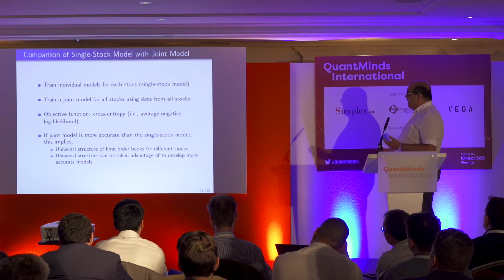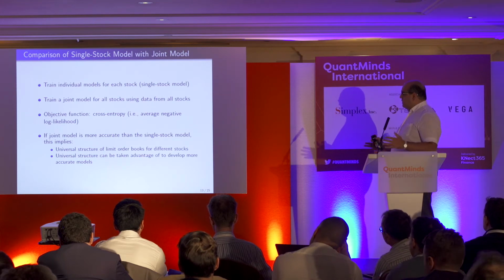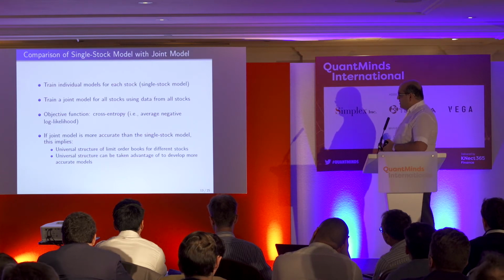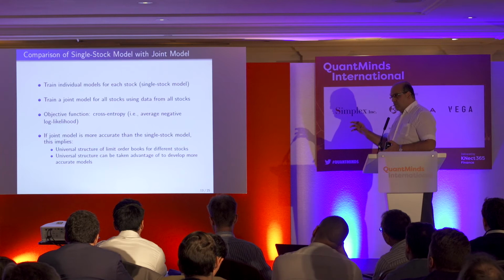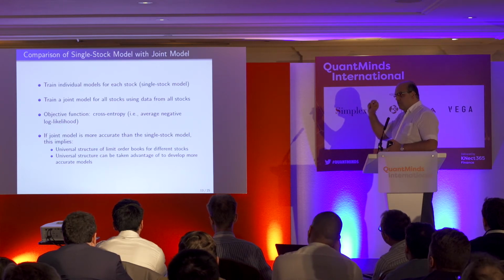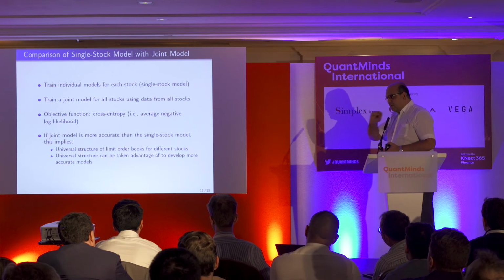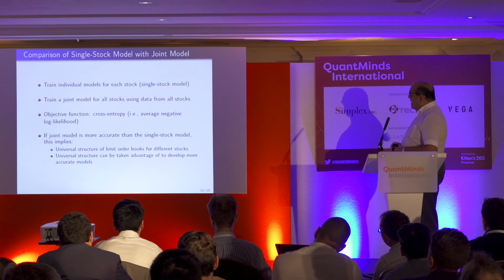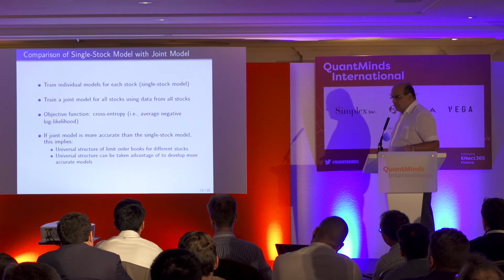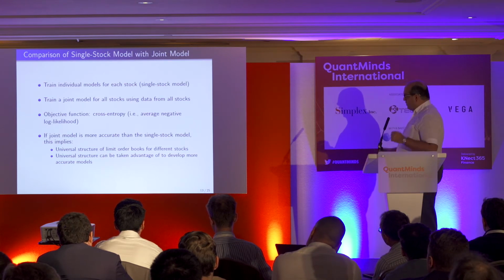So what we did is we trained such a neural network, an LSTM neural network, first on individual stocks. We try to forecast price moves from the order book history of each stock, and we train it on the same stock. And then we have this strange idea. We say, well, let's train it on all stocks, or at least a large number of stocks.